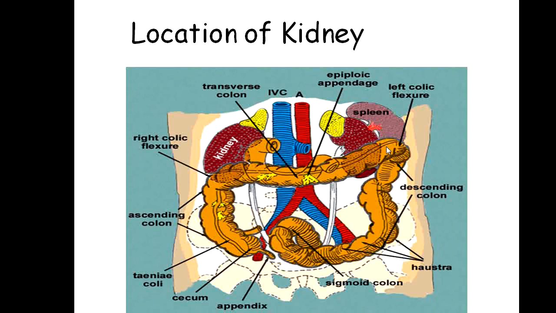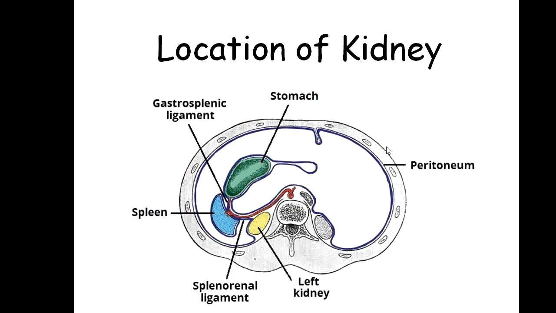Now you will learn what the retroperitoneal position is. This you will see, this is the transverse section of the abdominal cavity. You can see that this is the dorsal side of the body, and this is the ventral side of the body. This is the frontal side, and this is the back side of the body.